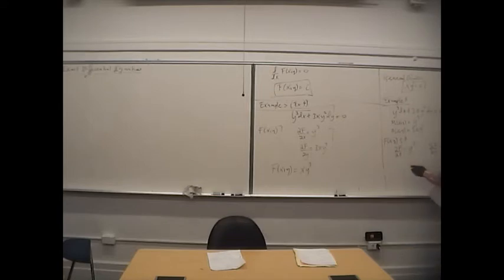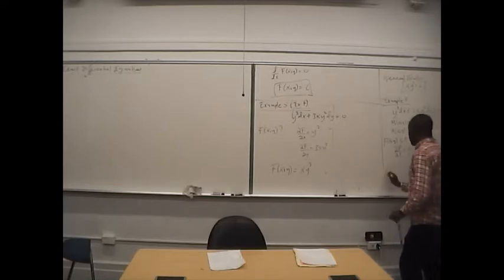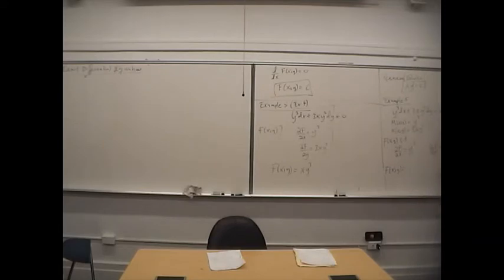Now, if this is a partial derivative with respect to x, and I want f of x, y, what operation can I perform? Yes, you would integrate, assuming y is constant. That's a partial integration. You would integrate with respect to x assuming y is constant.